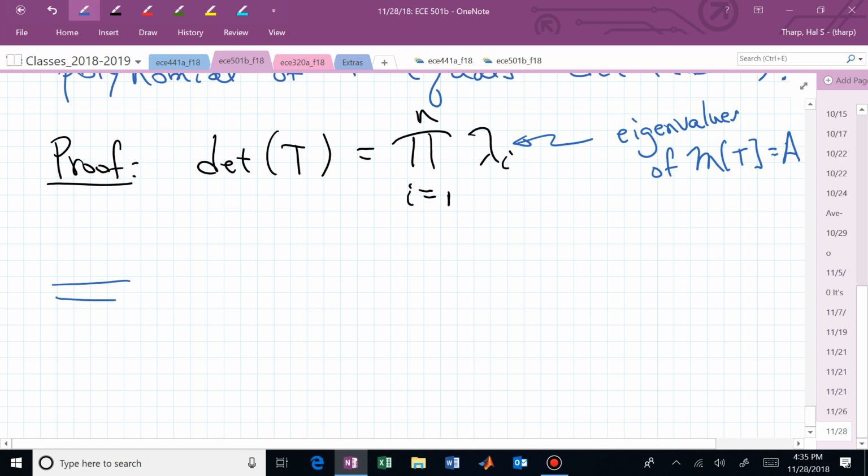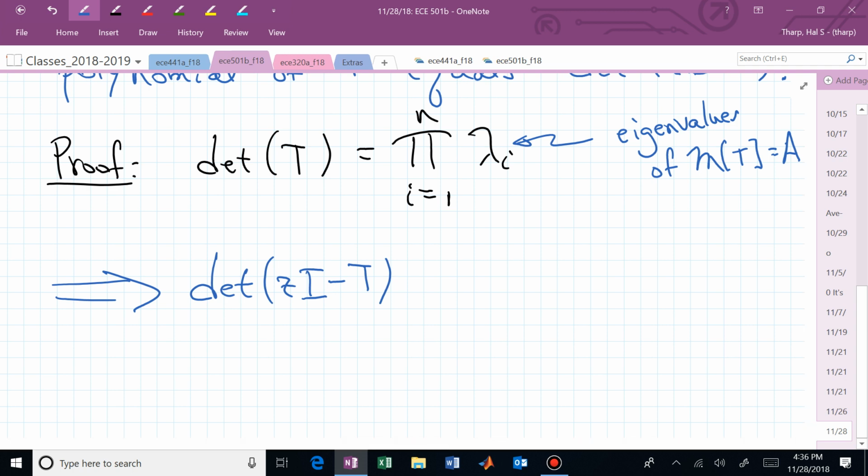But now what do we also know? If we have the eigenvalues of T identified as lambda sub i, and I said compute the determinant of zI minus T, now you know the eigenvalues of this operator zI minus T. Those are just z minus lambda sub i's. So just form the product of those.